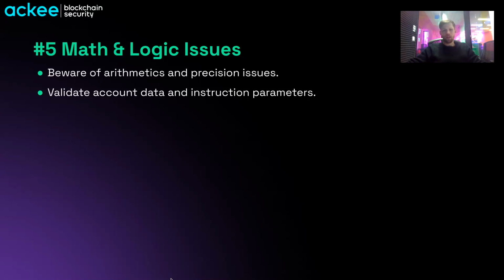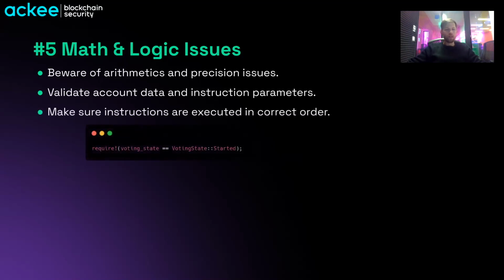Then Rust can help you to verify that the parameters supplied to the instructions have correct types, and so on. But Anchor and Rust again do not know what you would like to do with this data and with the values. So it's entirely on yourself to verify that the values supplied to your program are correct, and that they are, for example, within the correct range, and so on.